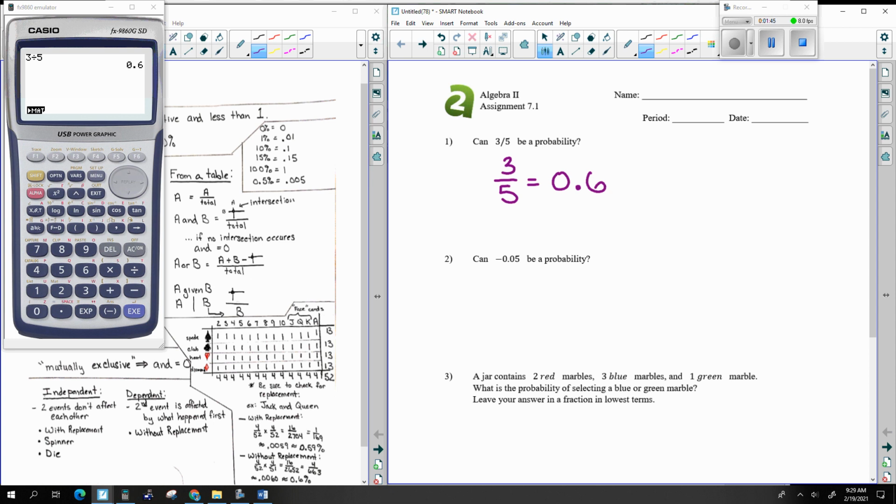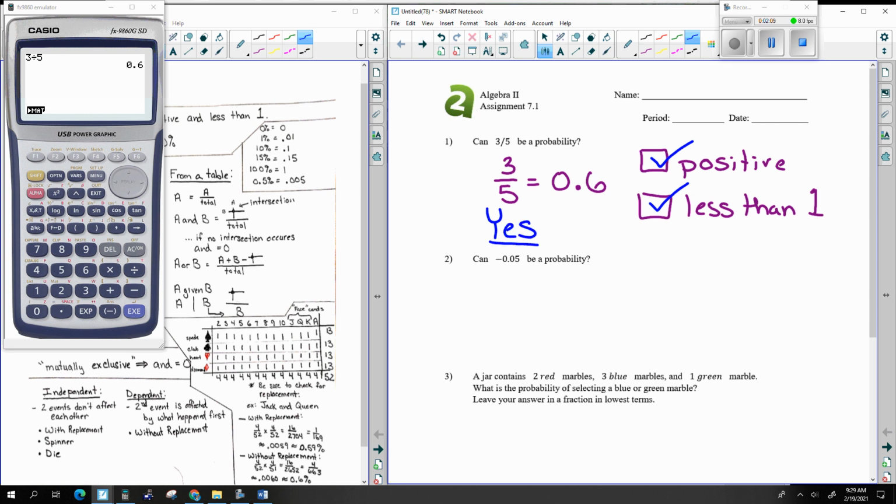Is it positive? Yes, it's positive. Is it less than 1? Yes, 0.6 is less than 1. So can 3 over 5 be a probability? Yes, it can.